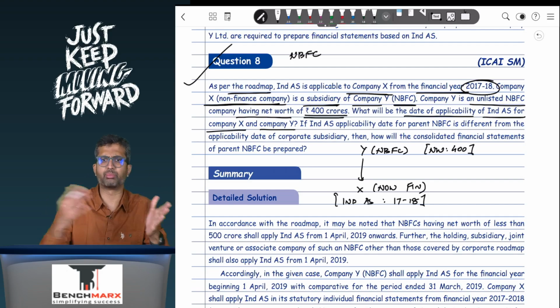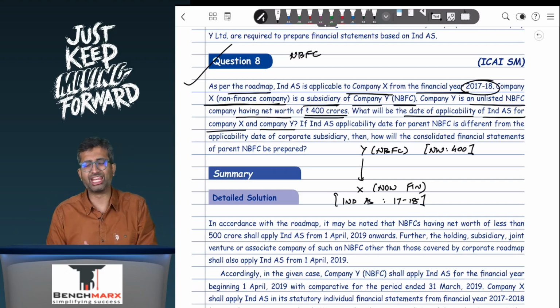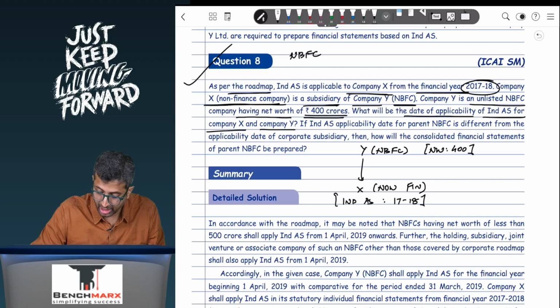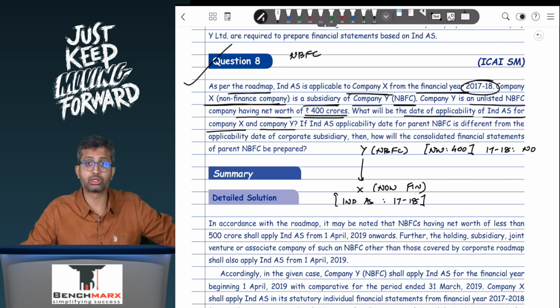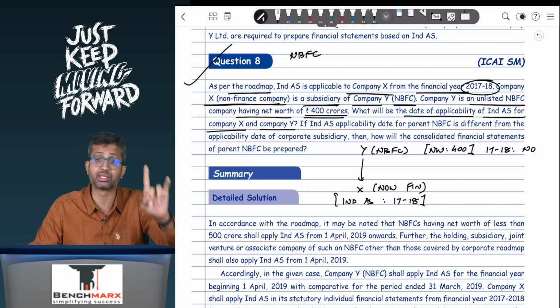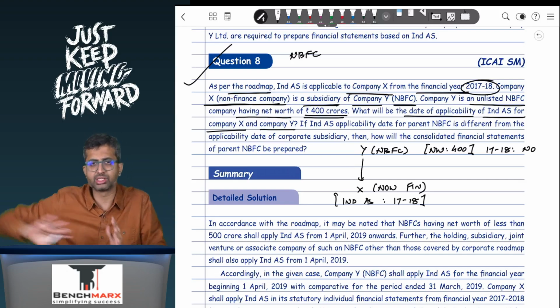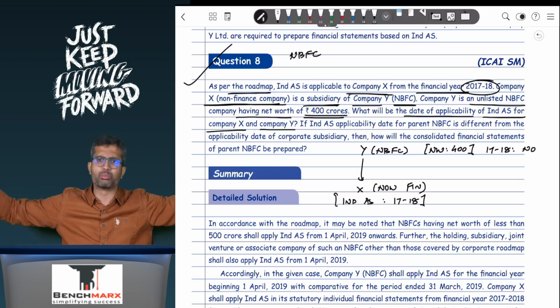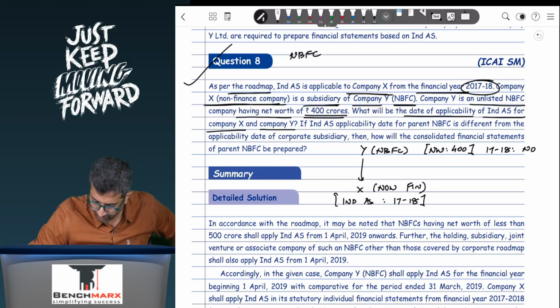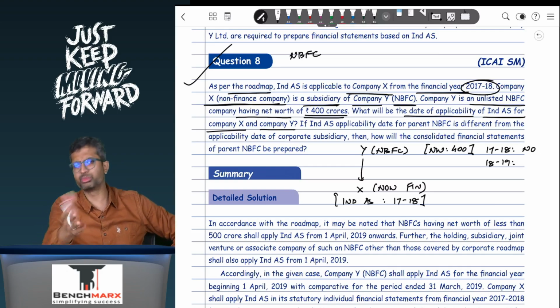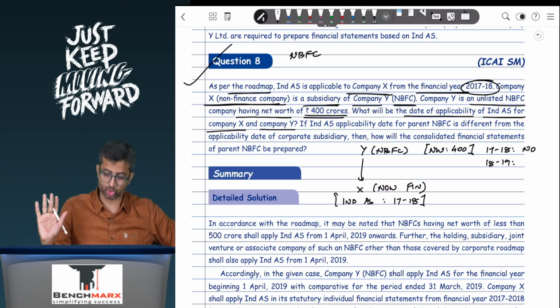So 16-17 plus 2, that is 18-19. In 18-19, the net worth should be more than... so for this NBFC, 17-18, Ind AS is not applicable. One can say, sir, your subsidiary Ind AS is applicable. That is fine. Subsidiary is not an NBFC, and hence the NBFC roadmap and non-NBFC roadmap is different. 17-18, no.